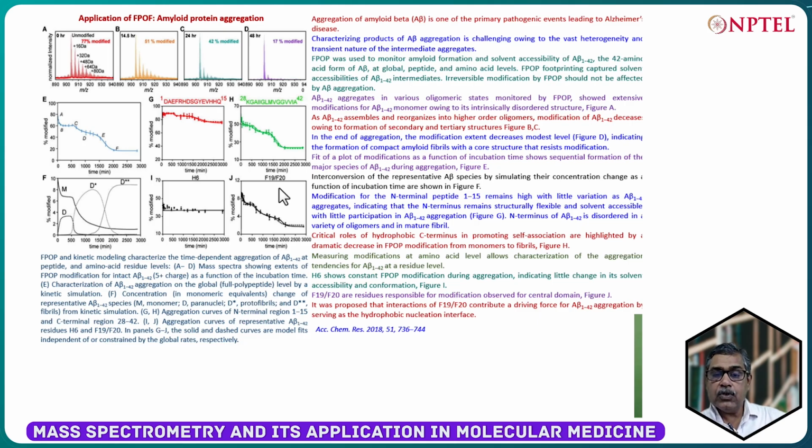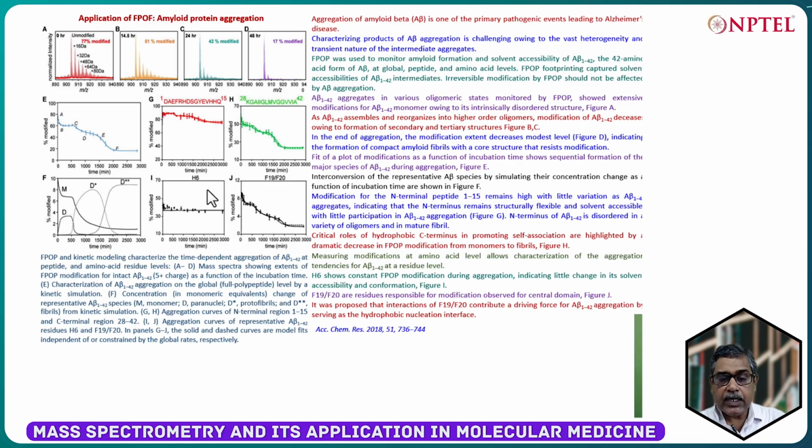Okay. So, H6 shows a constant FPOP modification during aggregation, indicating little change in its solvent accessibility and conformation. So, it is basically a straight line in figure I. Whereas, F19/F20 residues are responsible for modification observed for the central domain, as in figure J, right.